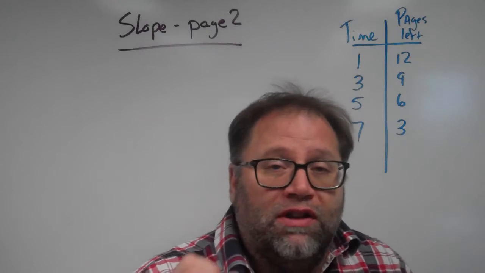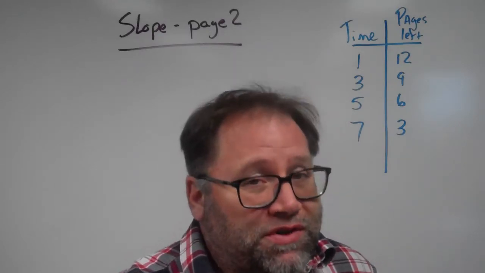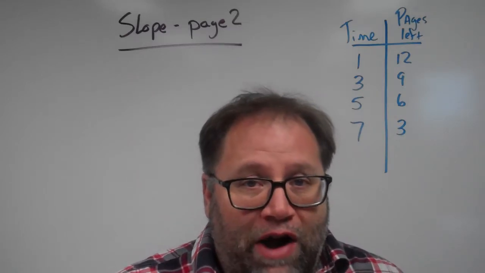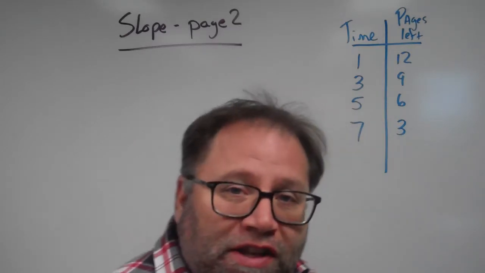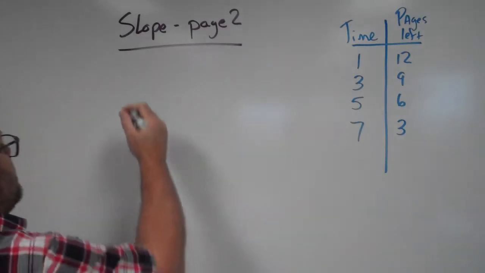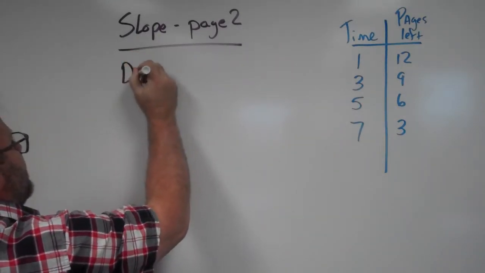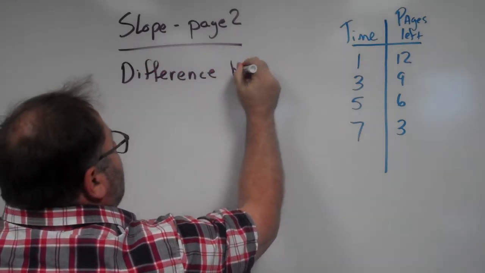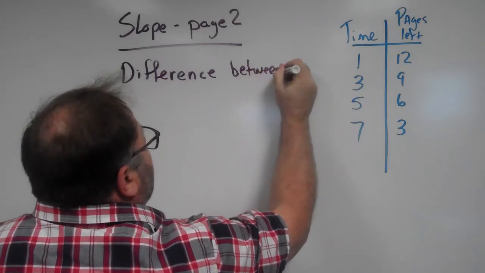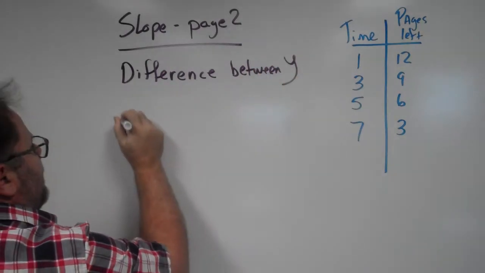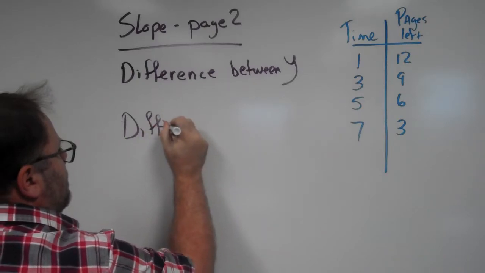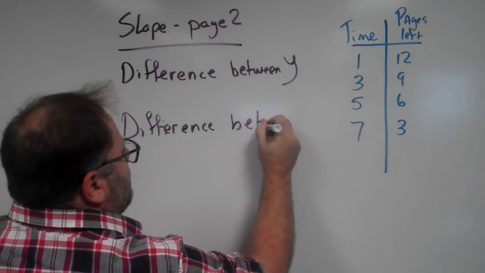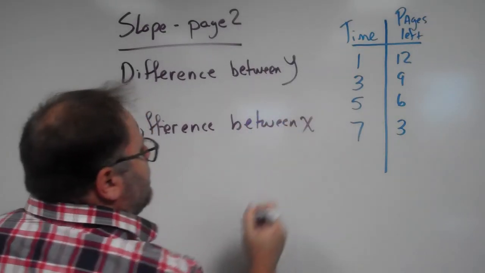Now, what we're really going to do, and this is something that we do as an 8th grader, is we can find slope from 2 points without a graph. And what we're going to do is we're just going to find the difference between 2 points. So we're just looking for the difference between the y's and the difference between the x's.